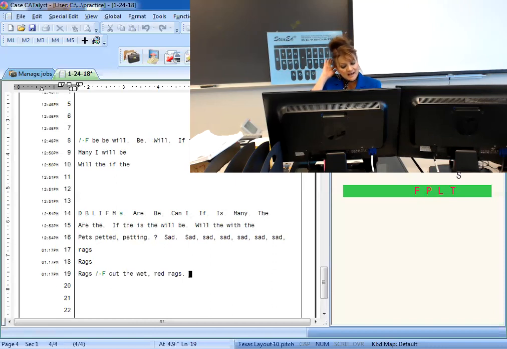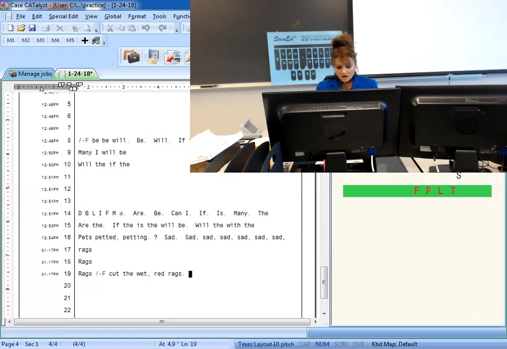Pull the tab. Is the tab pulled? The tab is pulled. Start the car. The red car is starting.